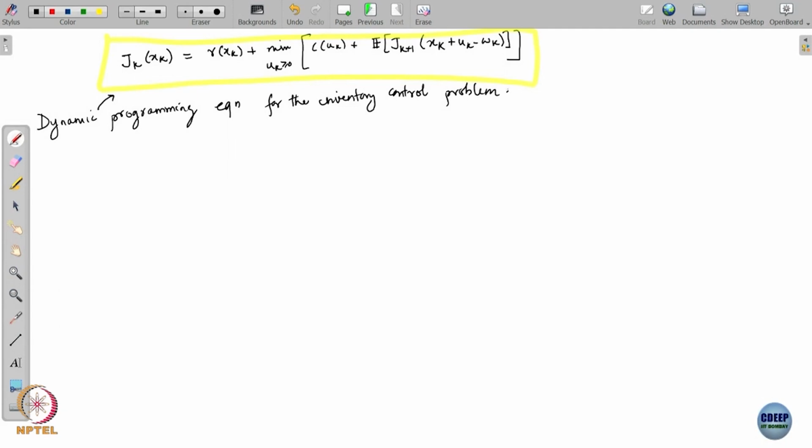These functions j k, as I have mentioned, are called the value functions. They are effectively capturing the optimal cost for the tail subproblem that starts from time k, starting from any state x k at that time instant k.